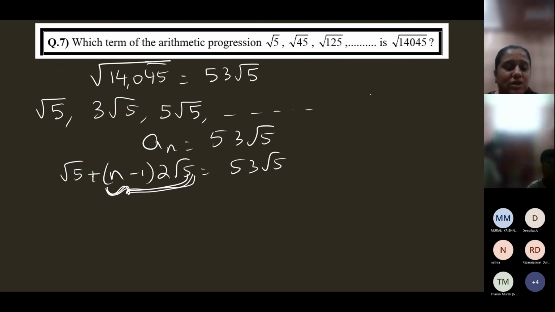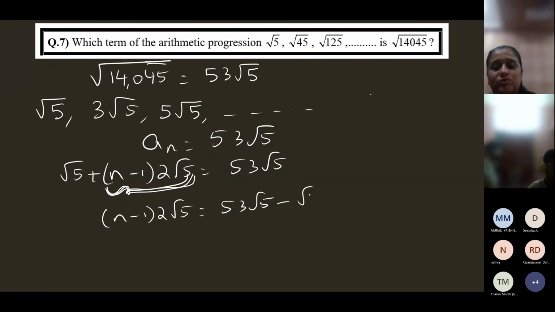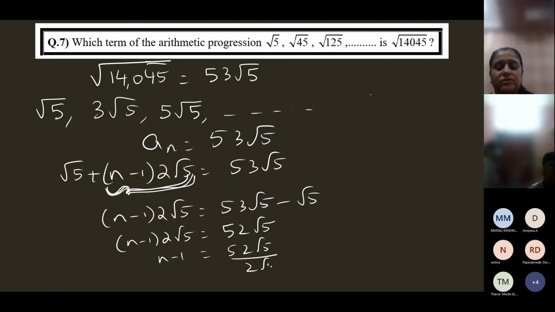This is in multiplication, n minus 1 into 2 root 5. First you have to transpose this root 5 to the other side as minus root 5. Now n minus 1 into 2 root 5 is equal to 52 root 5. After transposing root 5, then this 2 root 5 will come for division. n minus 1 is equal to 52 root 5 divided by 2 root 5.